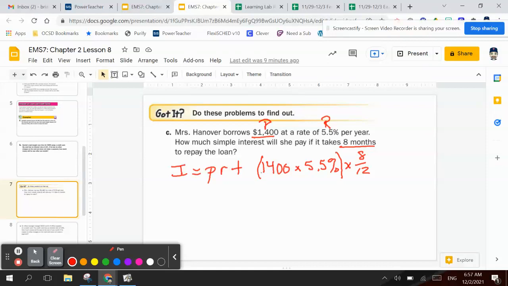So I multiply this part first. 1,400 times 0.055 is $77. That's what it would be for 1 year, but she's going to pay it off in 8 months. So we need to multiply that times 8/12. And that's going to be $51.33.